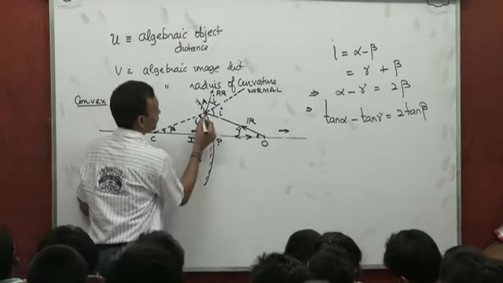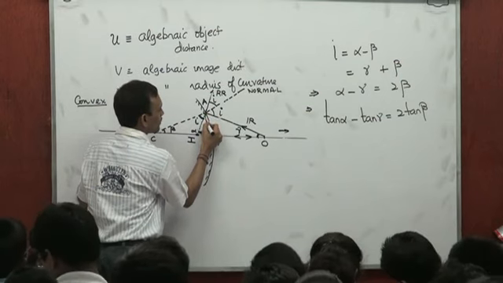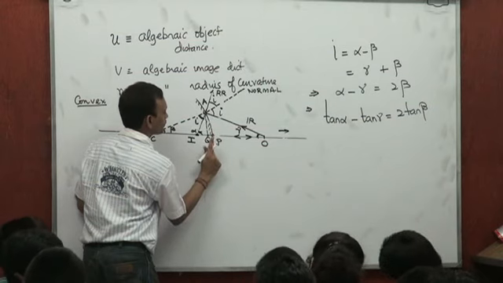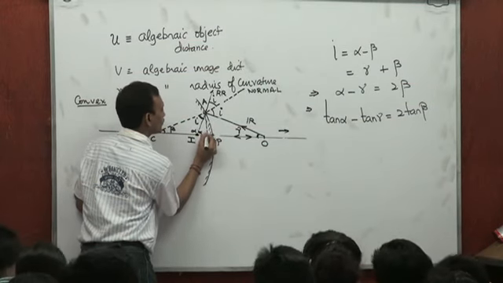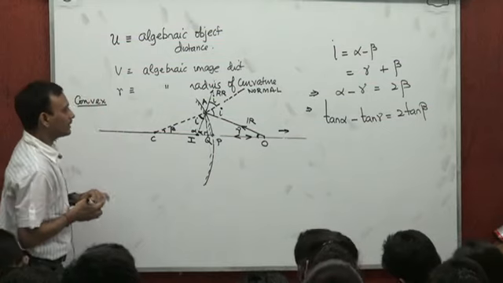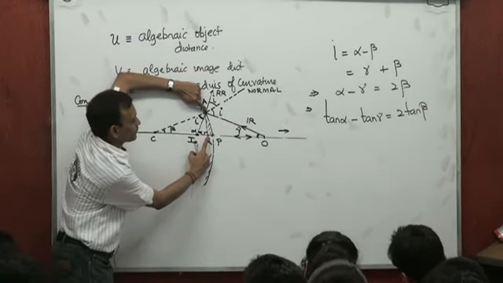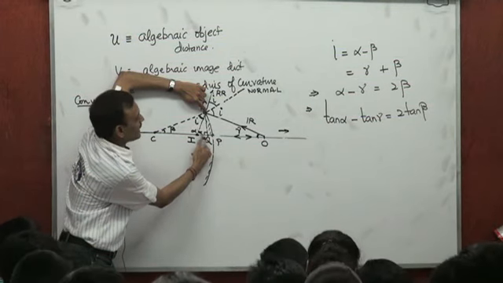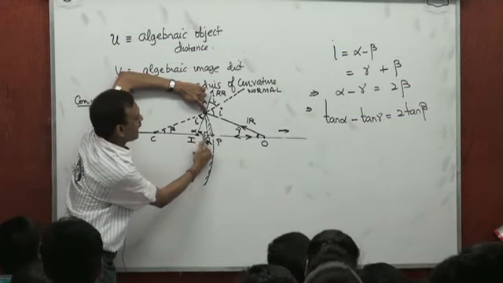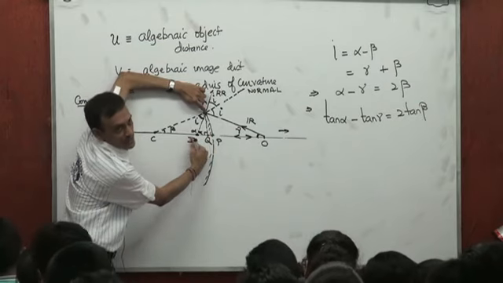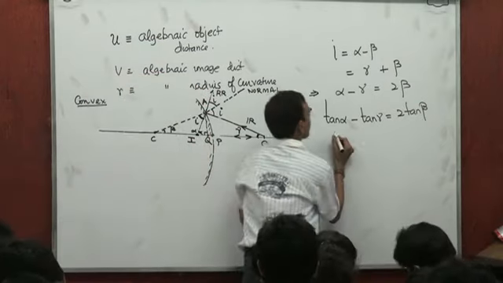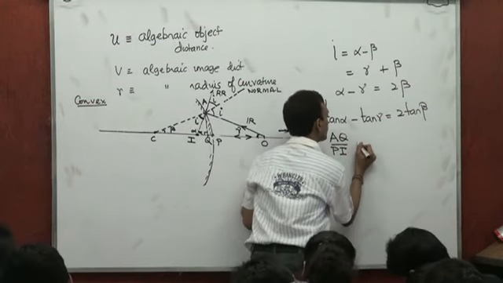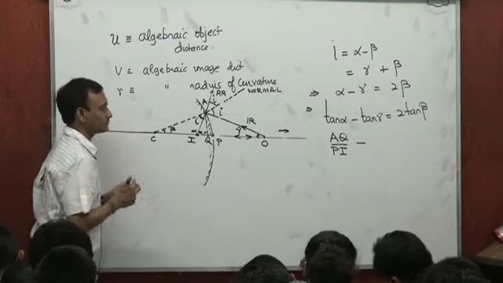And like we did before, from A, drop a perpendicular AQ. Then tan alpha would be the length AQ divided by the length QI, but the length QI is the same as length PI, so tan alpha is AQ by PI. Minus tan gamma.